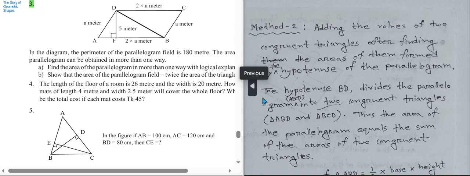So the diagonal BD divides the parallelogram into two congruent triangles, triangle ABD and triangle BCD. Thus, the area of the parallelogram equals the sum of the areas of the two congruent triangles.